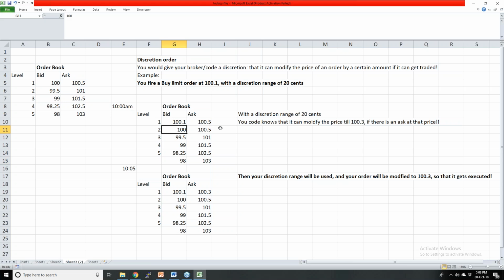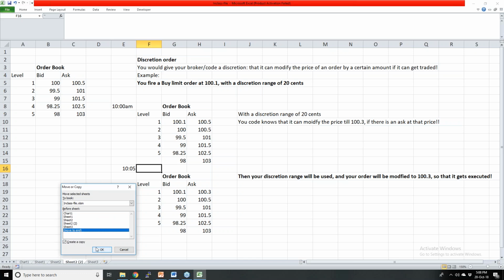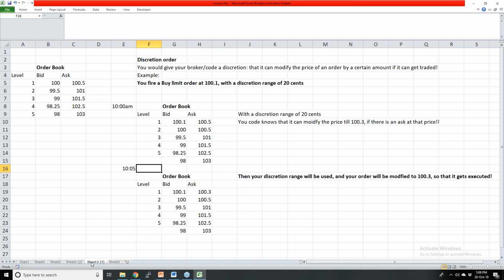Okay, there are a couple of questions. I'll take them one by one. So first, how do I blend it? Let me just take another sheet. So this is blending a pegging order and a discretion order, right?